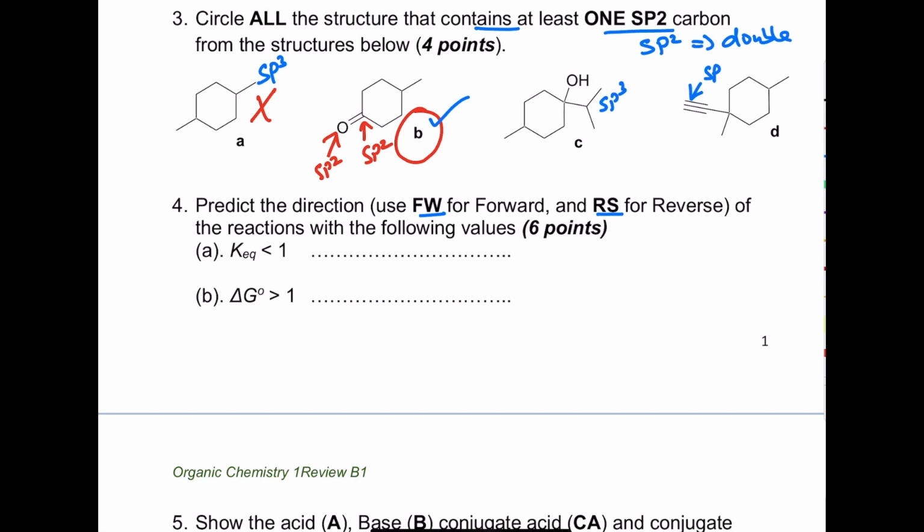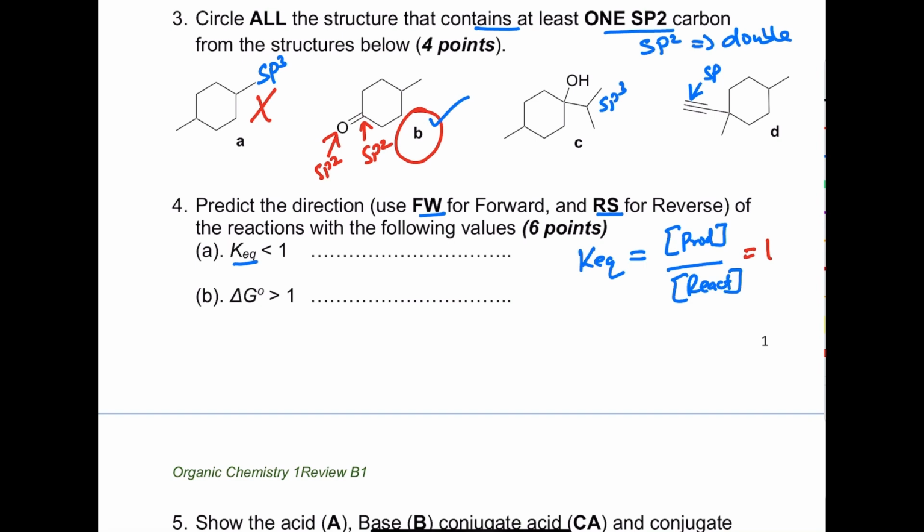Now the first reaction has the equilibrium constant less than 1. Remember, the equilibrium constant equals the concentration of the products divided by the concentration of the reactants. So if the value of the product and the reactant is the same, then Keq will equal 1.